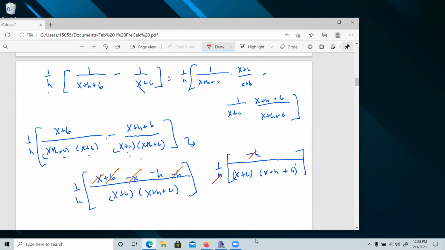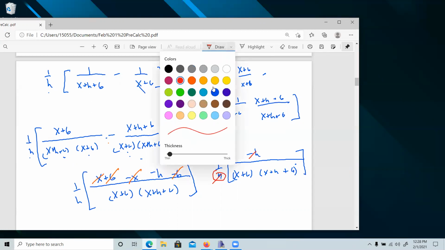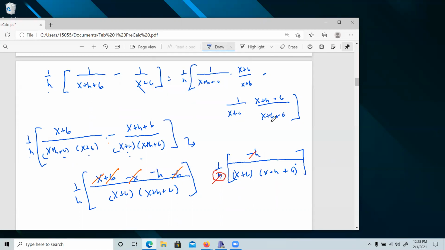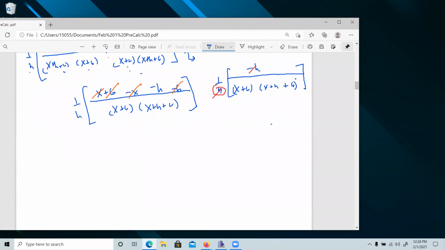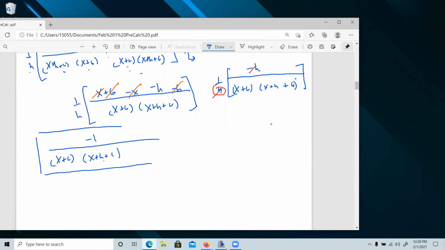That was our job: to eliminate that h. We have now done so. What we write down next will be our answer, and it will not look like an answer. We have negative 1 over x plus 6 times x plus h plus 6. Does it matter if I swap these? No, not at all.